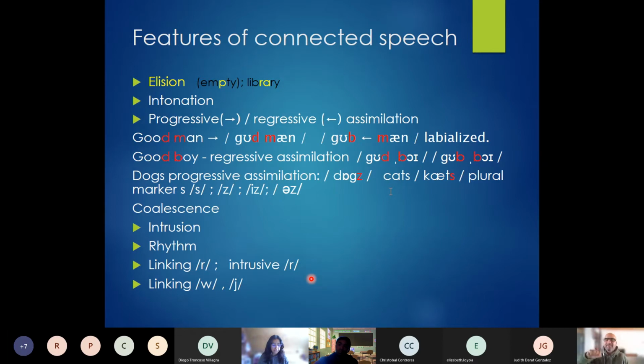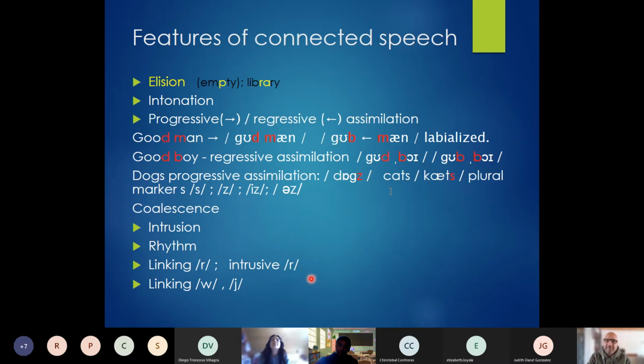We write from left to right. In other societies, they write from right to left. So in our case, when we say progressive, it means from left to right, because in most Western societies, we write from left to right.